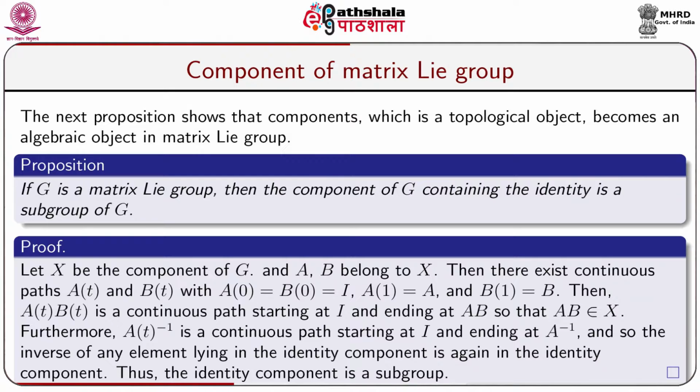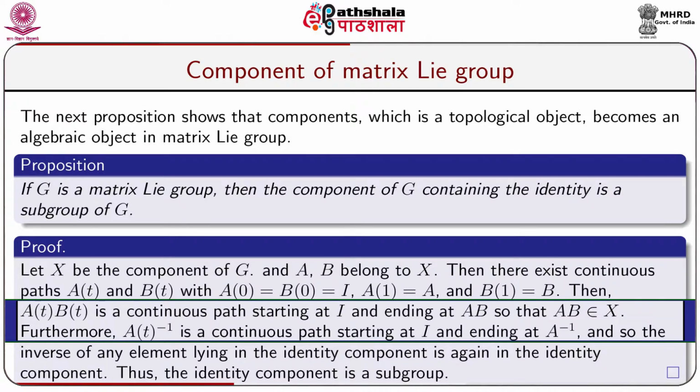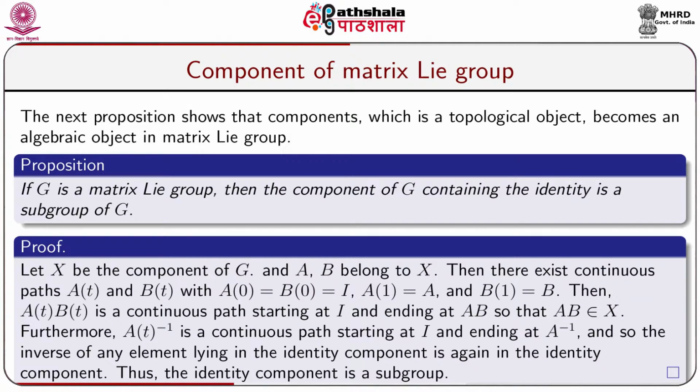Now since A(t) and B(t) start at the identity, we have that A(0) is equal to B(0) is equal to the identity, and since A and B are the endpoints of A(t) and B(t), we have that A(1) is equal to capital A and B(1) is equal to capital B. Therefore, A(t) times B(t) is again a continuous function from the unit interval to the component, which starts at the identity and ends at the matrix AB.